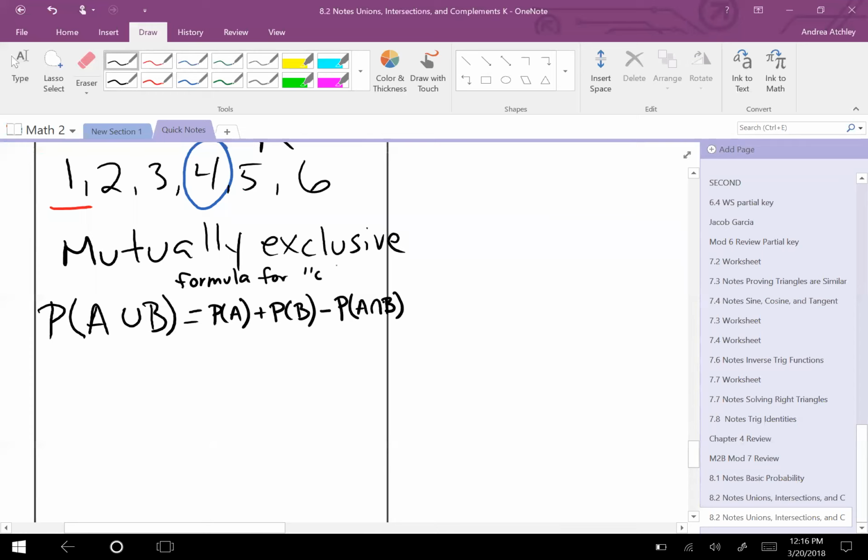That's our formula for our OR problems. Any questions? Just need to memorize it.